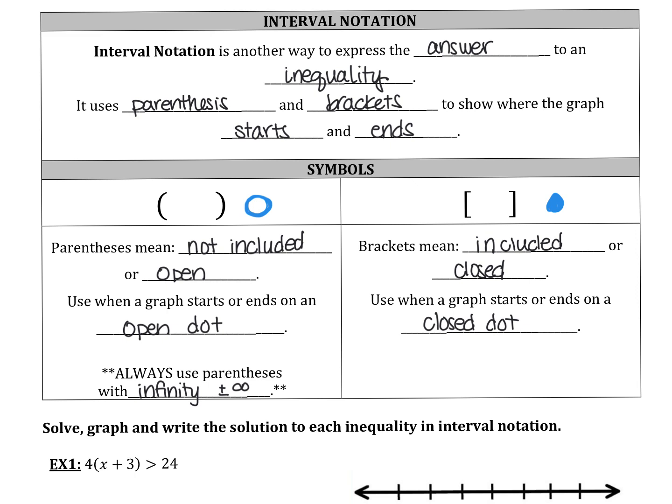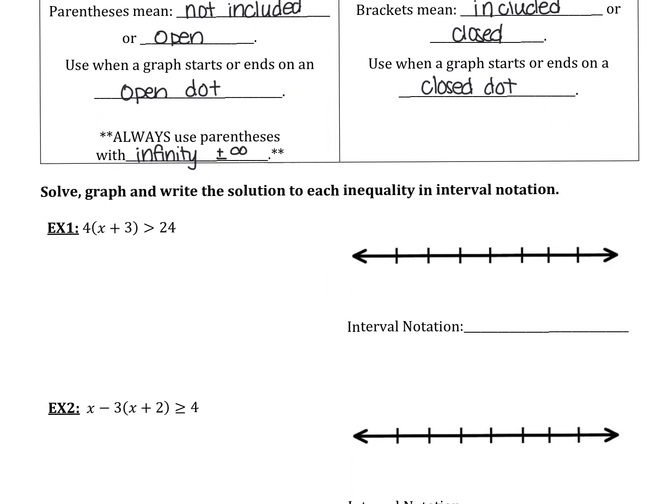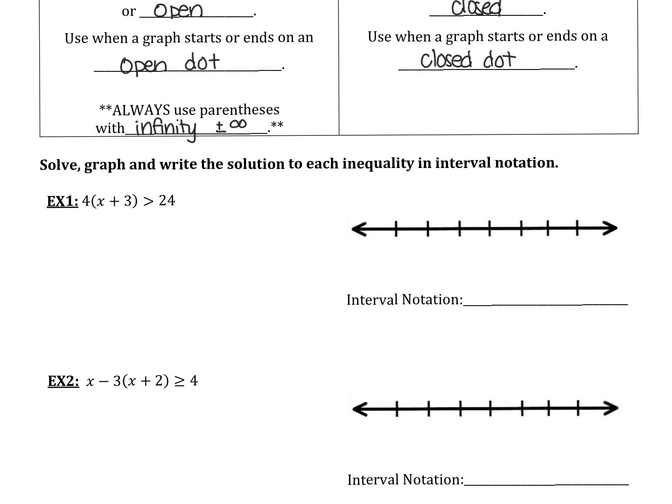Let's look at what that looks like using an inequality like we've solved before. Example 1 says we're going to solve, graph, and write the solution to each inequality in interval notation. So we know to solve inequalities, we're going to treat it just like an equation.